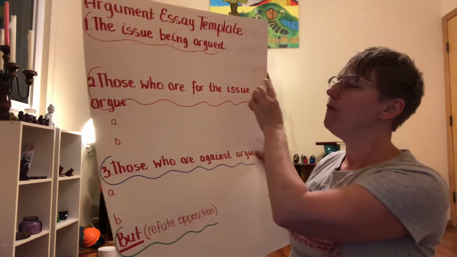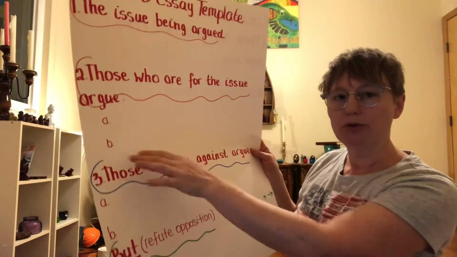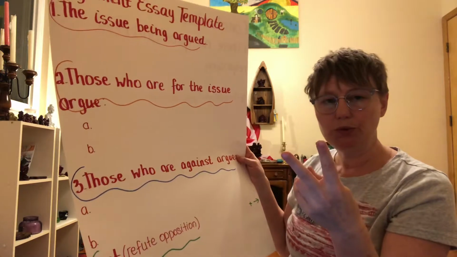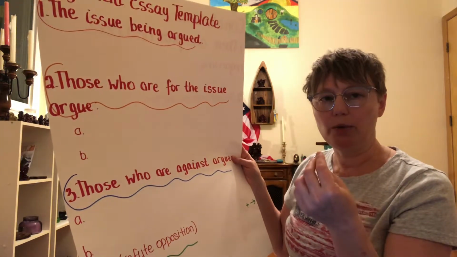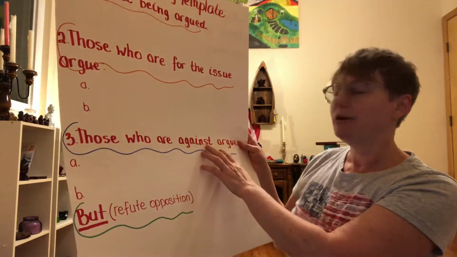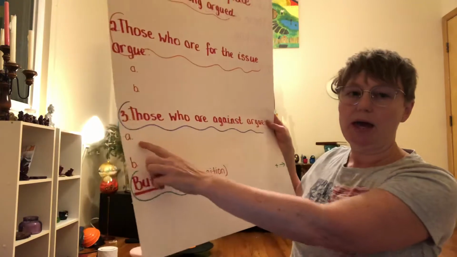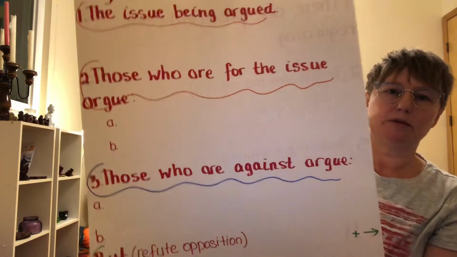Those who are for the issue, they argue this or that. 2 different examples of what they argue about. Those who are against the issue argue A and B also. So that will look like this.